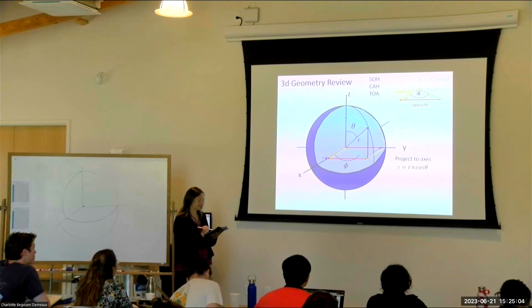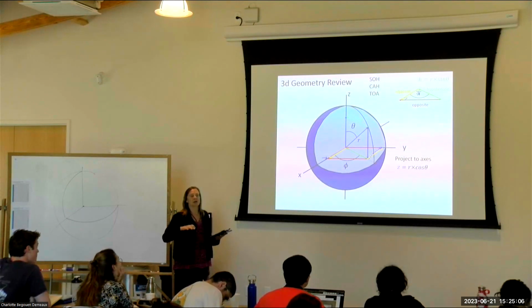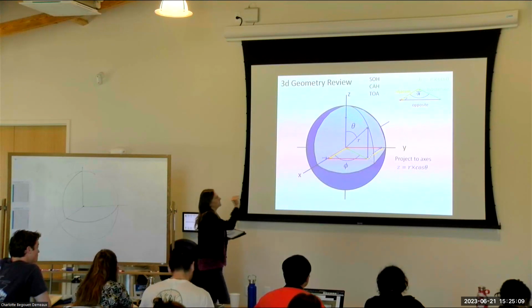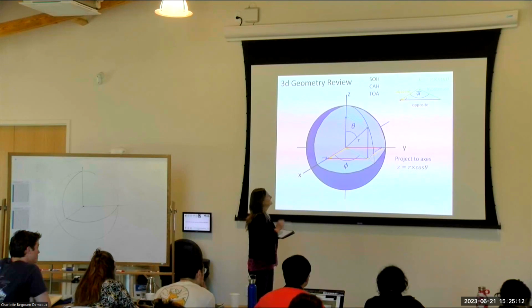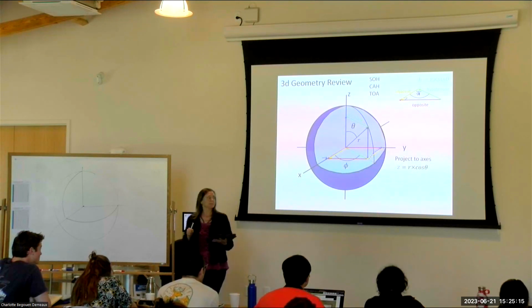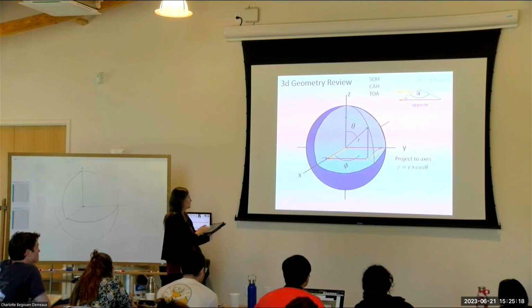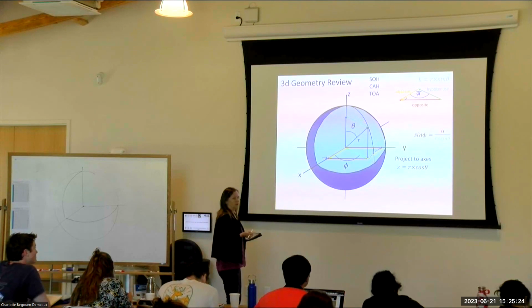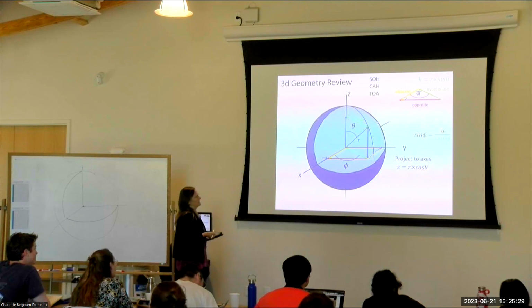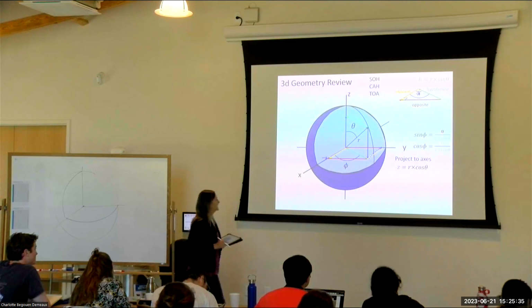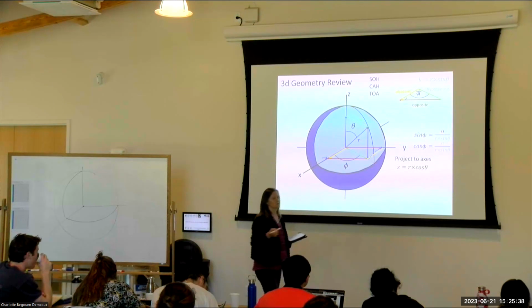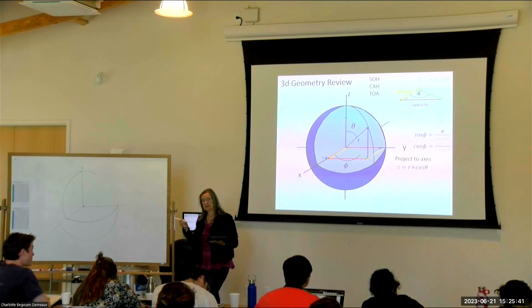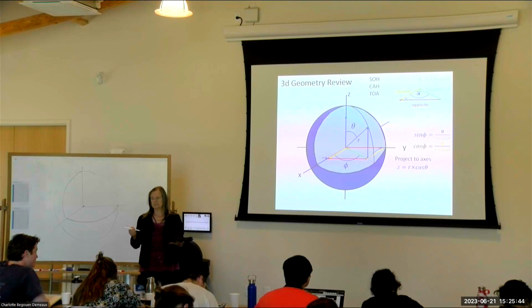It's not R because it's not down in the XY plane. It's R sine theta. And so the length of the hypotenuse on that triangle is R sine theta, shorter than R. And so the sine, of course, is the opposite over the hypotenuse, but the hypotenuse is R sine theta. And the opposite side is the red one, the red lines. And the cosine of phi is the adjacent over the hypotenuse, which is the length of the yellow side over R sine theta.